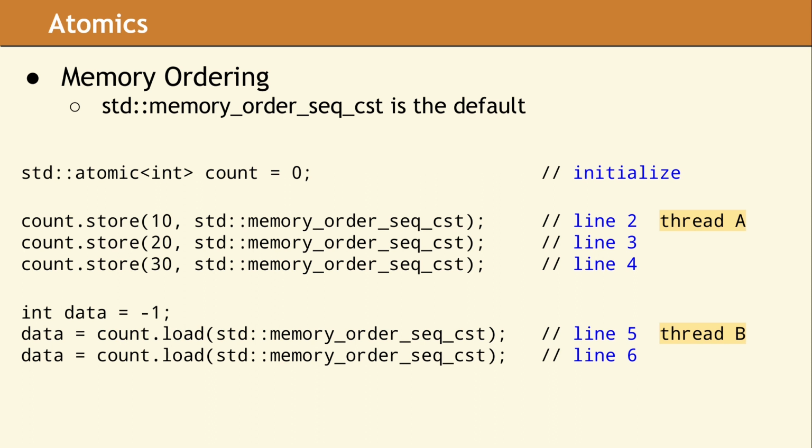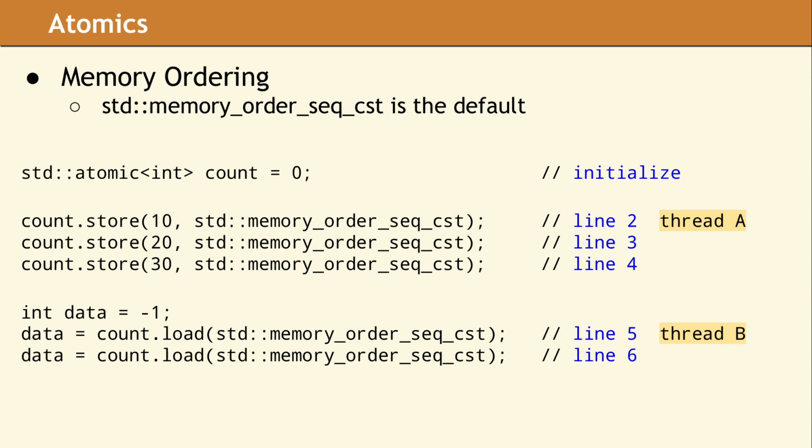It is important to explain that it is actually impossible for thread B to read values out of order. If the first read returns 20, then the second read must either return 20 or 30.